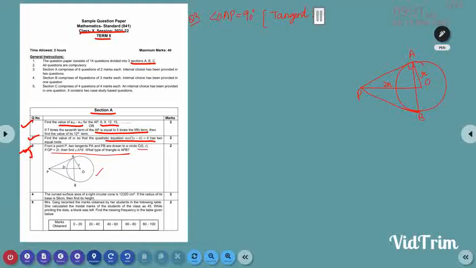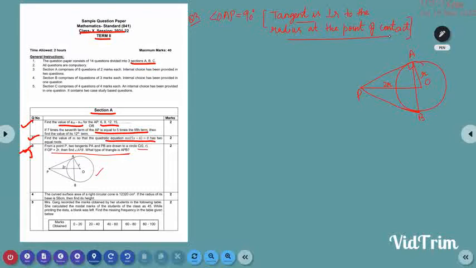So this is the point of contact A, and this tangent PA will be perpendicular to OA, and for that reason angle OAP will be equal to 90 degree, and we are going to specify the reason. Tangent is perpendicular to the radius at the point of contact. That means angle OAP is equal to 90 degree.